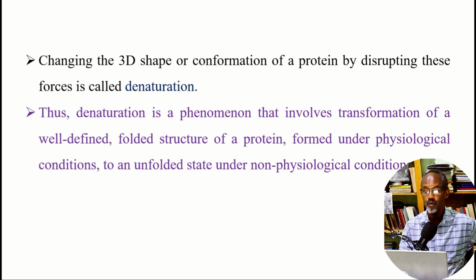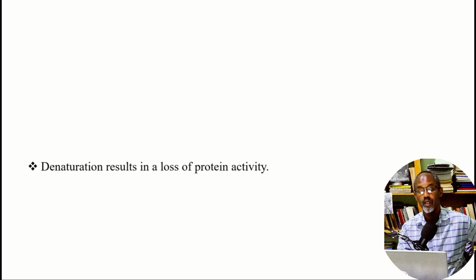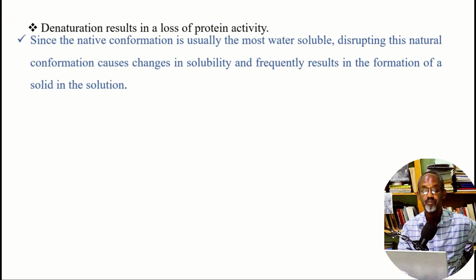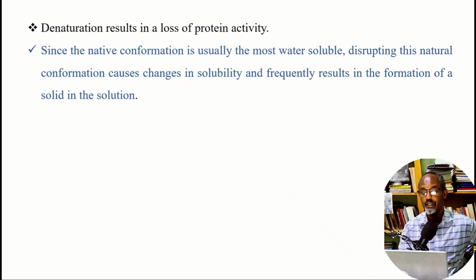Thus, denaturation is a phenomenon that involves transformation of a well-defined folded structure of a protein formed under physiological, normal conditions, to an unfolded state under non-physiological conditions by changed temperature, changed pH, even some chemical agents. Denaturation results in a loss of protein activity. If it loses its shape, it loses function.